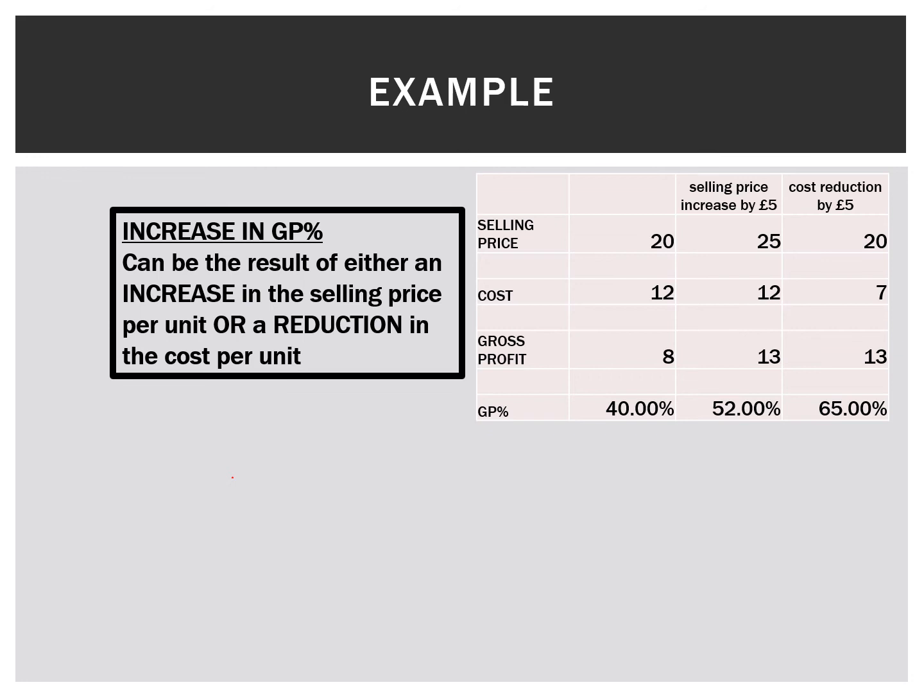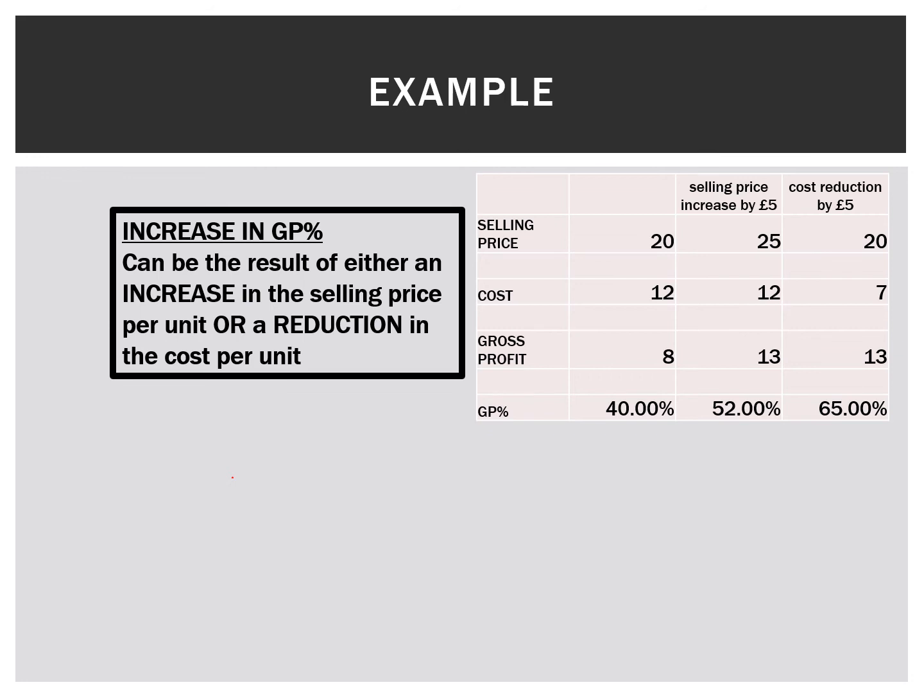If the selling price goes up by £5 and the cost stays the same, then our gross profit will increase, and in that case it's 52%. If the selling price stays the same but costs go down by £5, then again that will give rise to an increase in gross margin, in this case 65%.